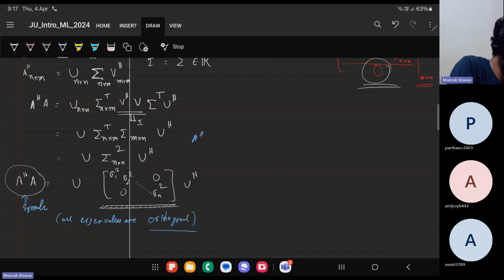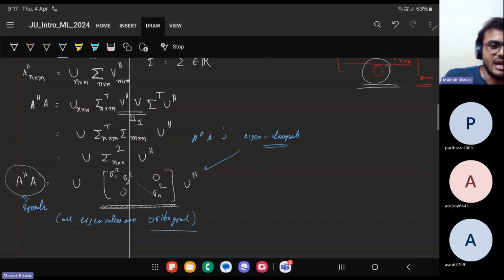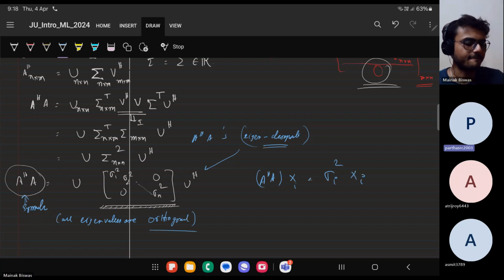So all these sigmas are square roots of the eigenvalues.